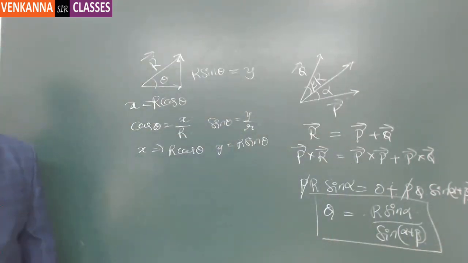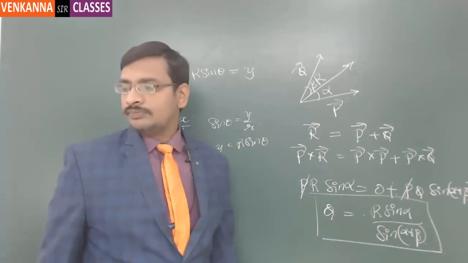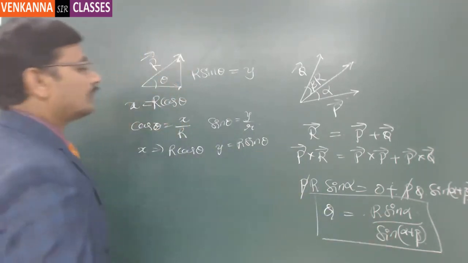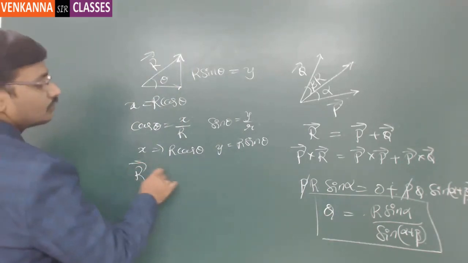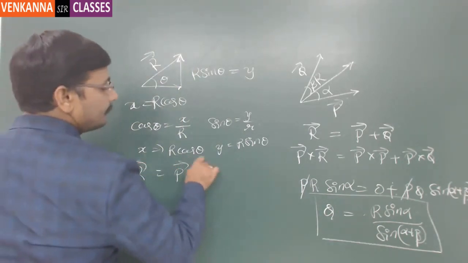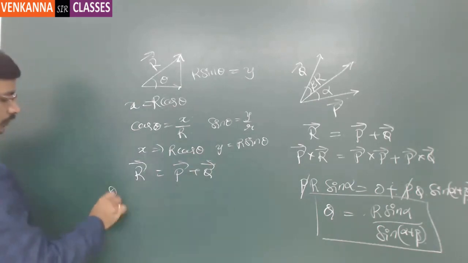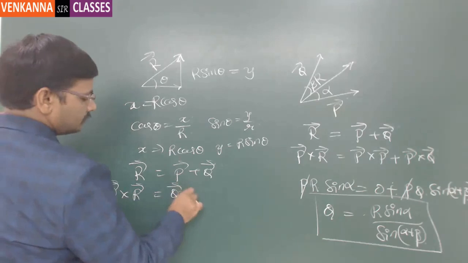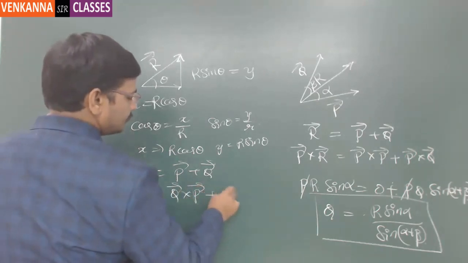This is how you can find the unknown value of q: r sine alpha divided by sine of alpha plus beta. Now, if you take r equal to p plus q and take the cross product with q, q cross r is equal to q cross p plus q cross q.